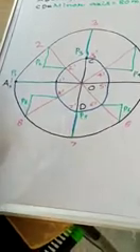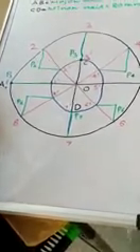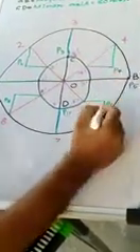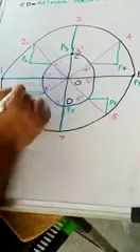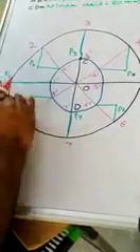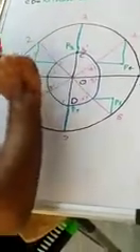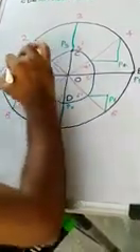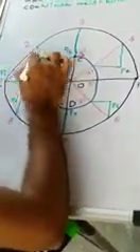Now you got the concerned points. What are the concerned points? P1, P2, P3, P4, P5, P6, P7, P8. You have to join all the points P1 to P8 using an HB pencil as a smooth curve.